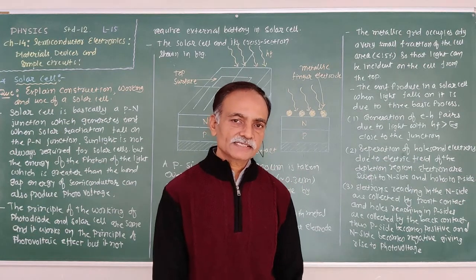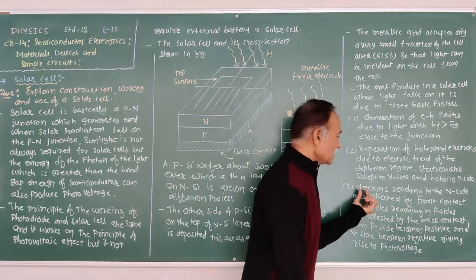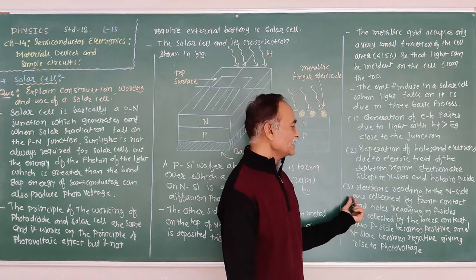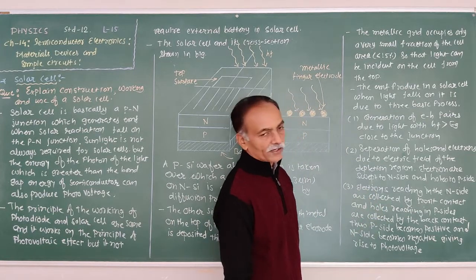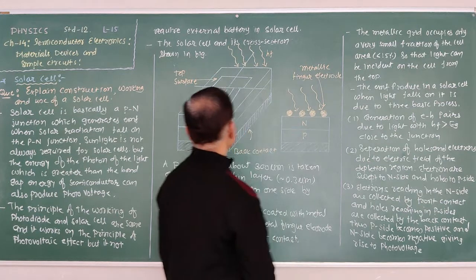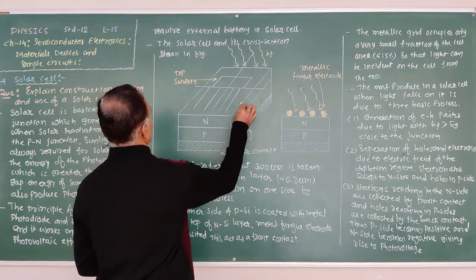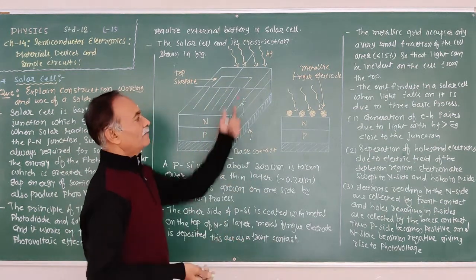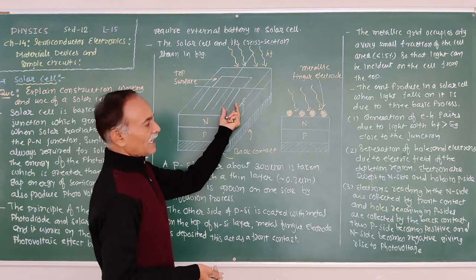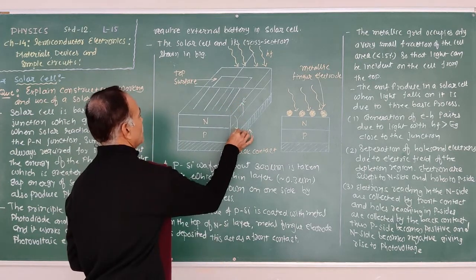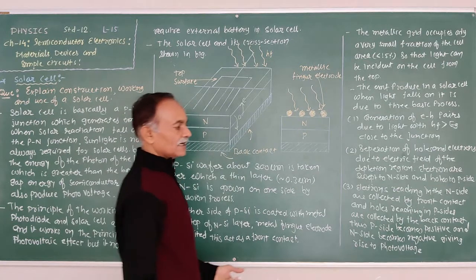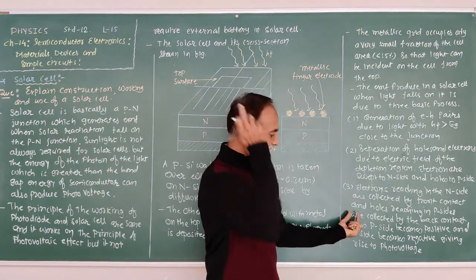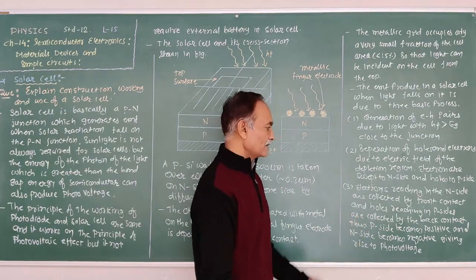Clear this? Okay. Now the electrons sitting in the N side are collected by the front contact, and the holes moving towards the p side are collected by the back contact.